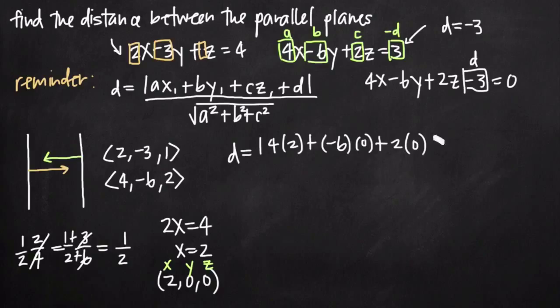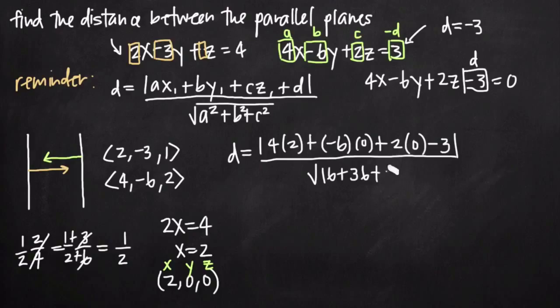So we just say for d, -3. And then in our denominator, we're going to have the square root of a squared. A is 4, so a squared is 16, plus b squared. B is -6, so b squared is positive 36, plus c squared. C is 2, so c squared is 4, and we're going to be taking the square root of that sum.